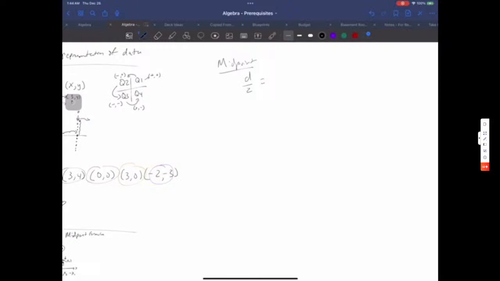Actually, it has nothing to do with d, but you'll see something similar. The midpoint is given as the average values of each of those. So you have x1 plus x2 over 2, and y1 plus y2 over 2.